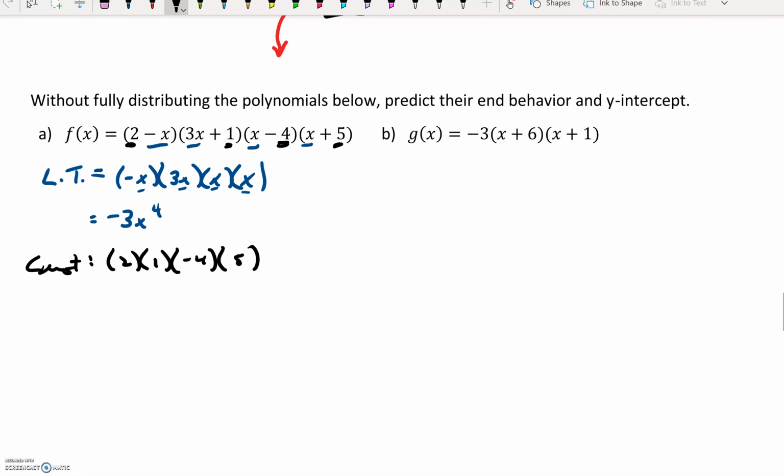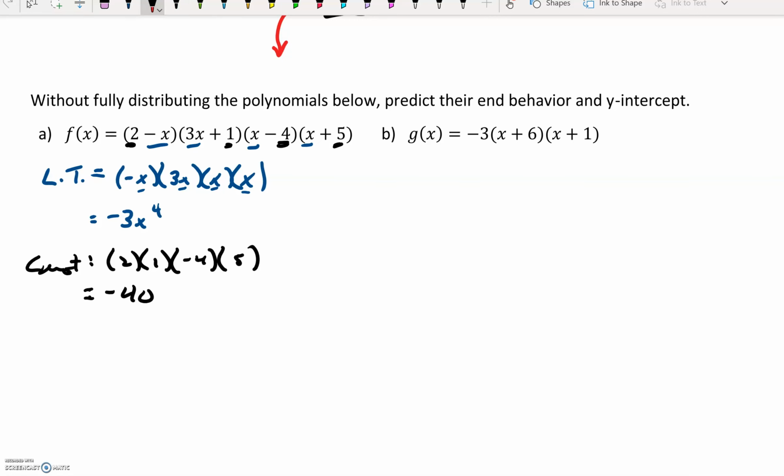Multiply these out. 2 times 1 is 2. 2 times negative 4 is negative 8. Negative 8 times 5 is negative 40.